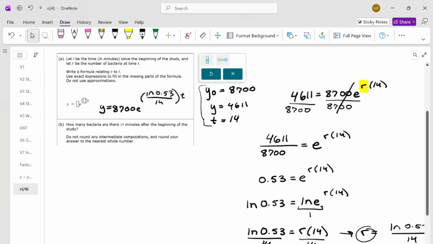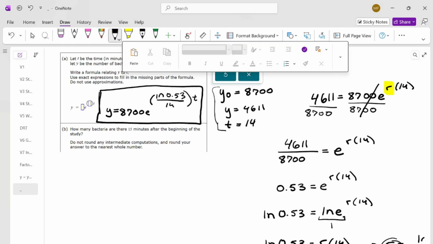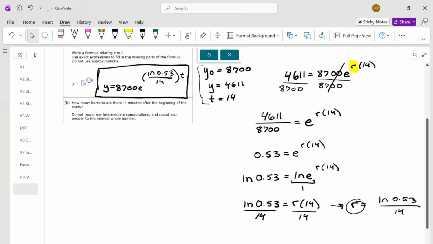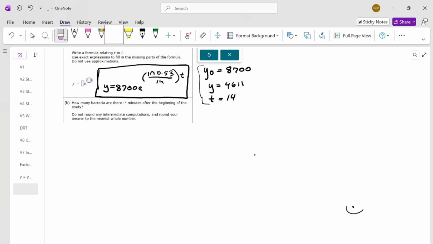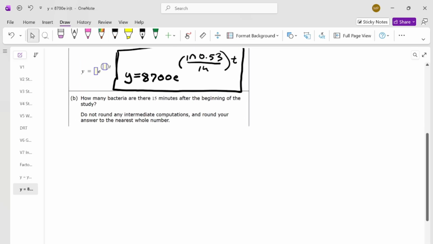And this is our equation for A. So now, if we plug any value into t, because we know the rate, we can find y, which is the number of bacteria that we want to know at a given point in time. So let's do that. Let me erase this so we have more room, because all we really need is our equation from above.